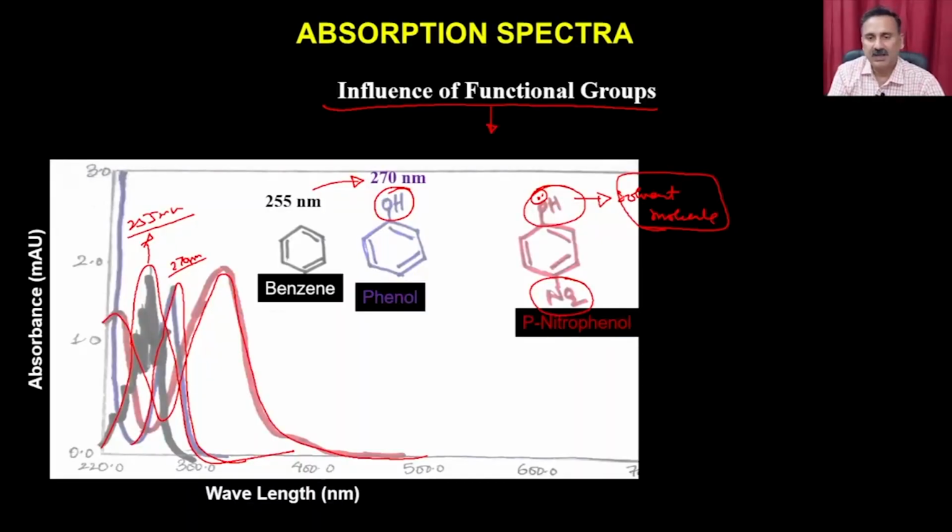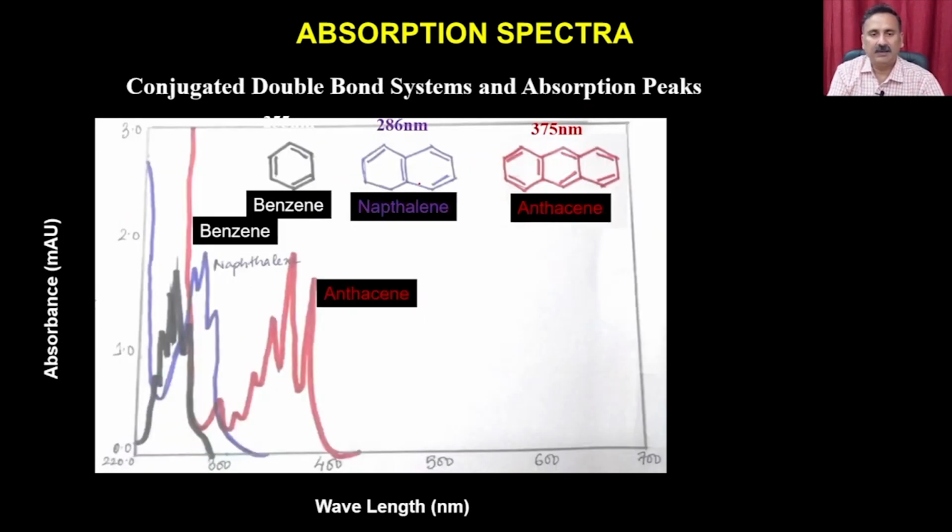They are interacting with the solvent molecules, so these electrons are not free to move into the high energy state, and that is how you require a higher energy wavelength, giving you the lambda max at a slightly longer wavelength.